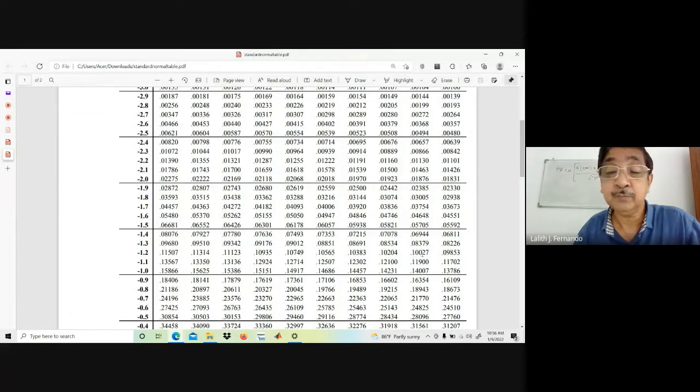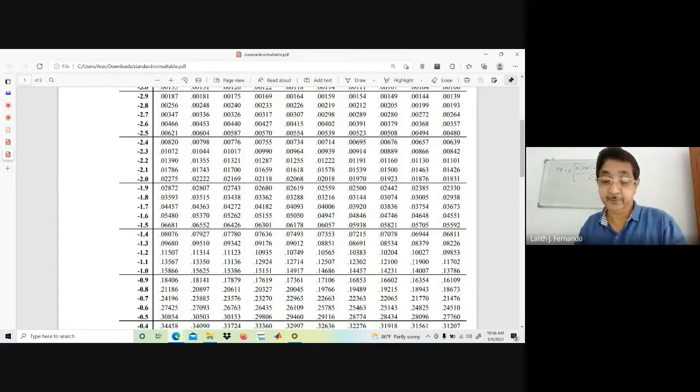Now it's here, 0.10027. But it is not exactly 0.10, so there also you have to go a little away from this. But the difference is only 0.00027. Then you have to see the difference between this and this.